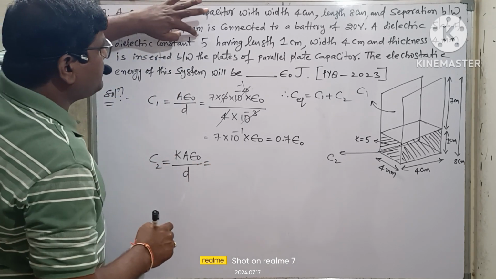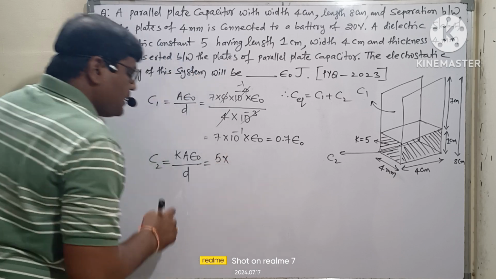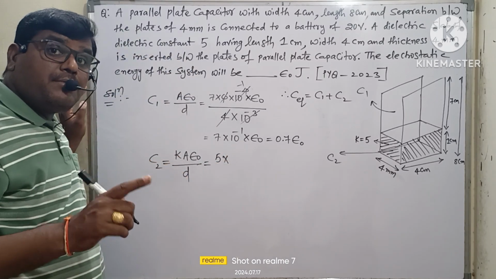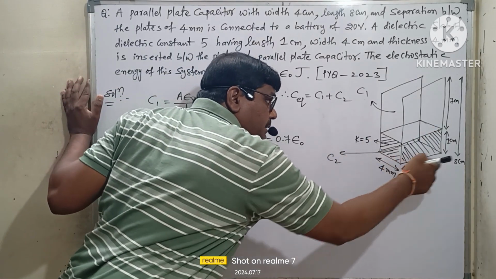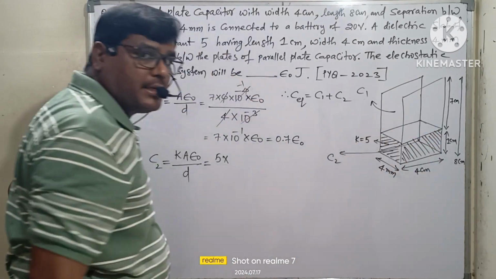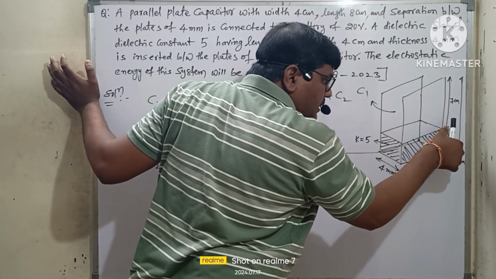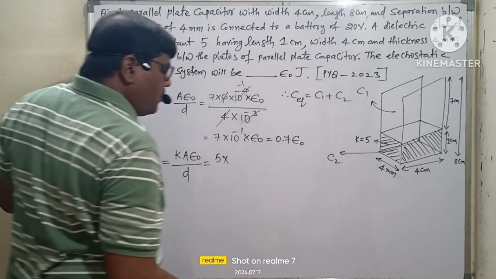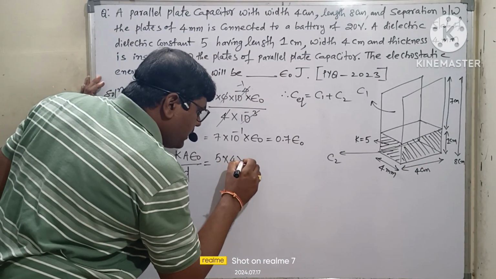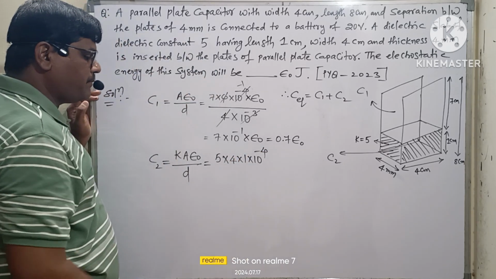The dielectric constant given here is 5, so 5 into A. Which area do we take? The area of this dielectric material, that is, this capacitor area. The length is 1 and the width is 4, so 4 into 1 into 10 to the power of minus 4. This is the area.